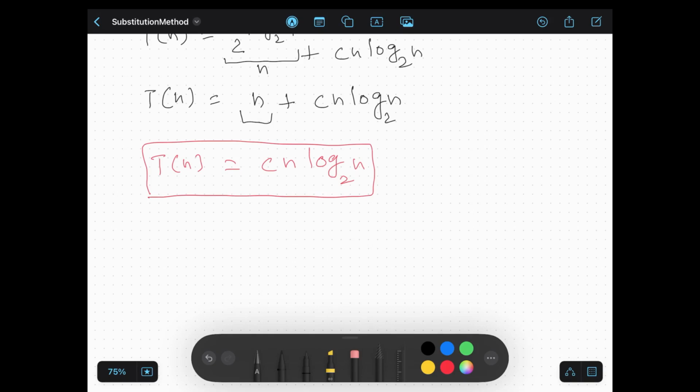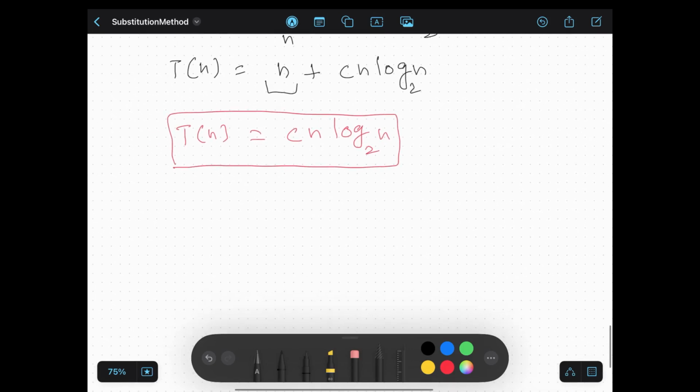Let's look at another example. This is probably similar to our previous example, maybe a little different or maybe a little more hard to solve. So example 3, it is some recurrence.